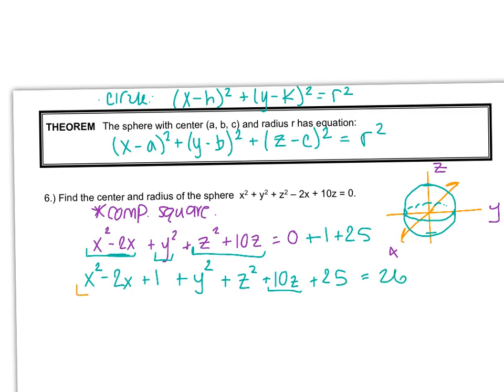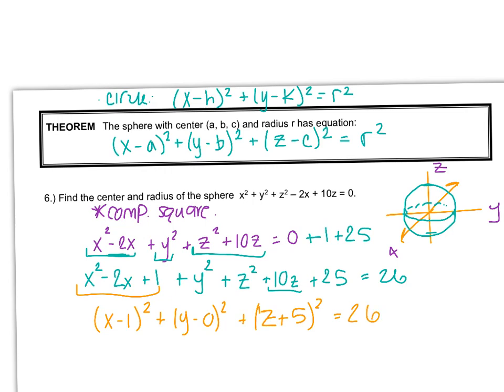Now I'm going to rewrite this in factored form: (x − 1)² + (y − 0)², which you could just leave as y², + (z + 5)² = 26.